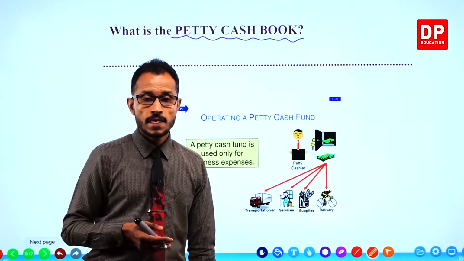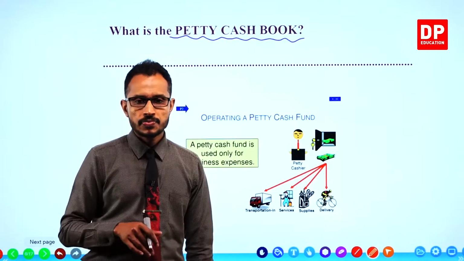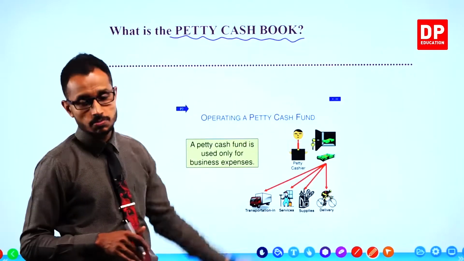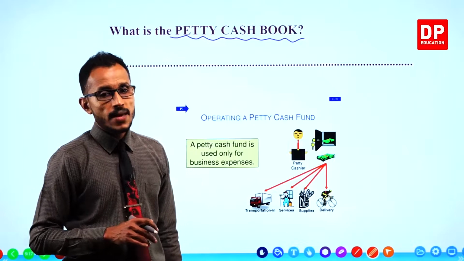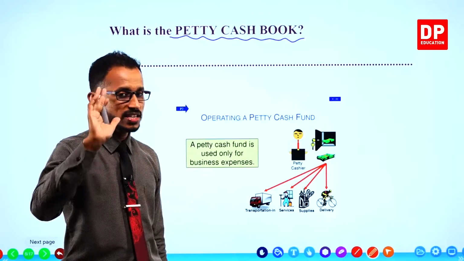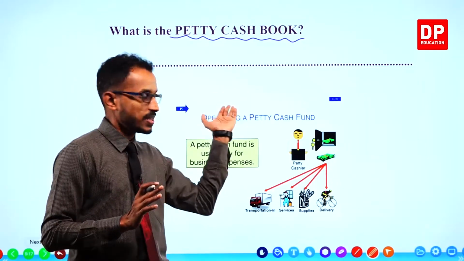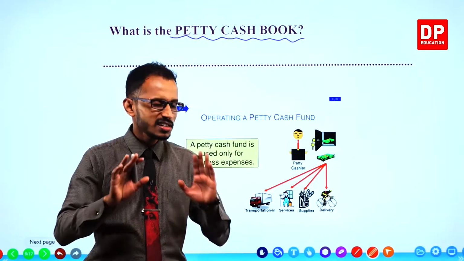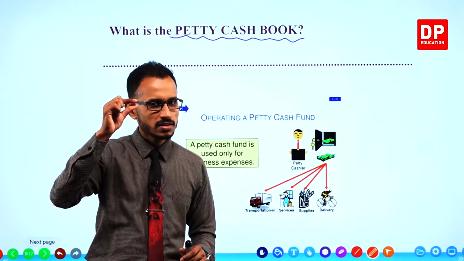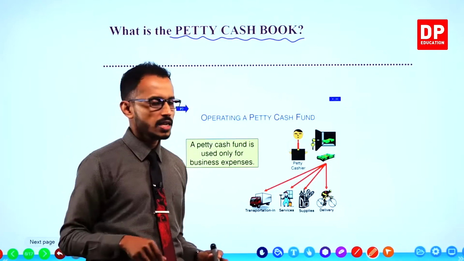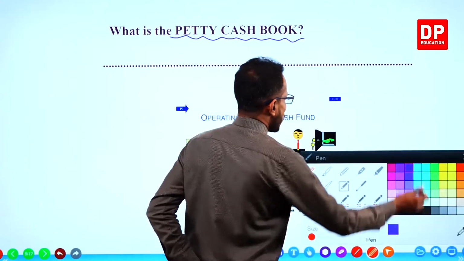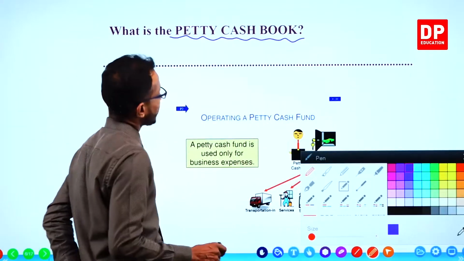In that manner, the petty cashier prepares the petty cash book. And you must be aware that the petty cash book is a little bit different to the cash book. We are going to learn how to prepare the petty cash book soon. Here, children, what is the petty cash book?